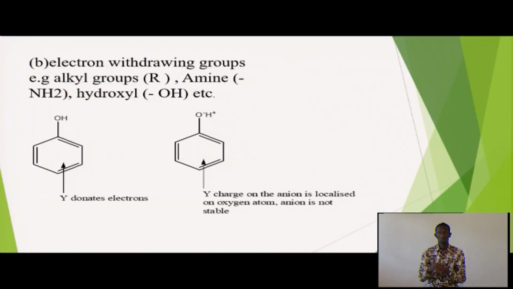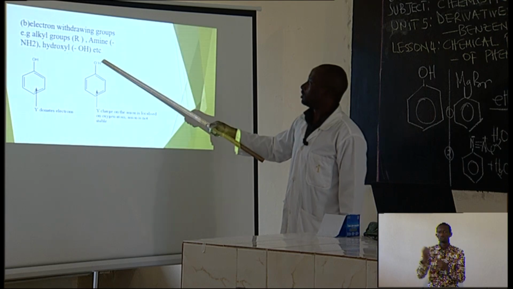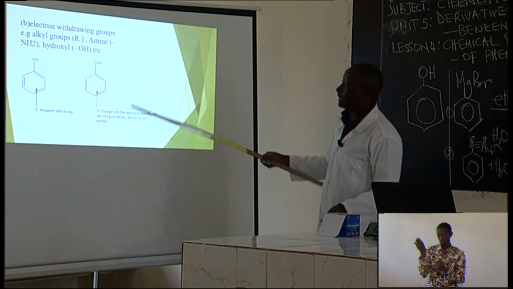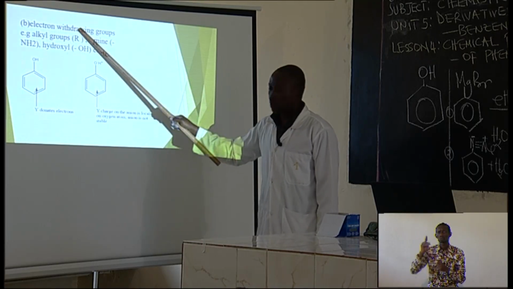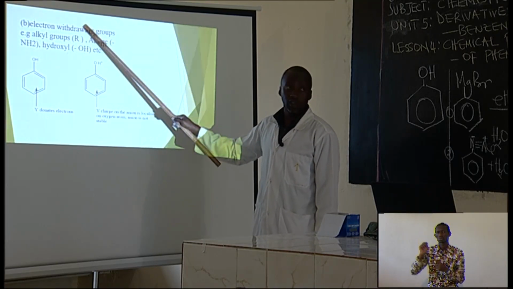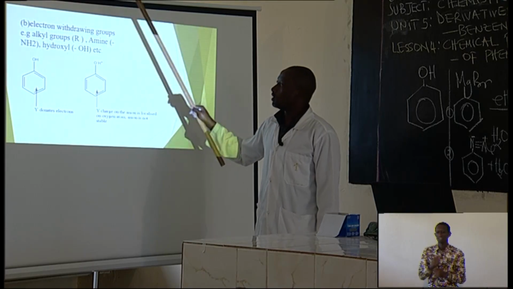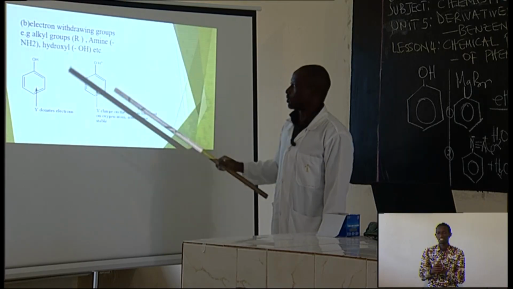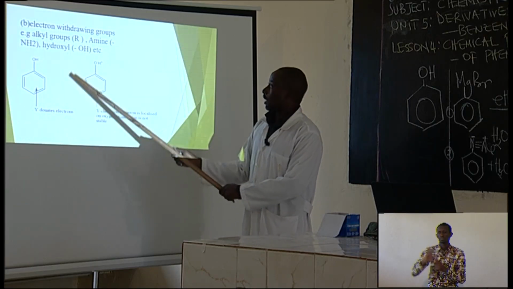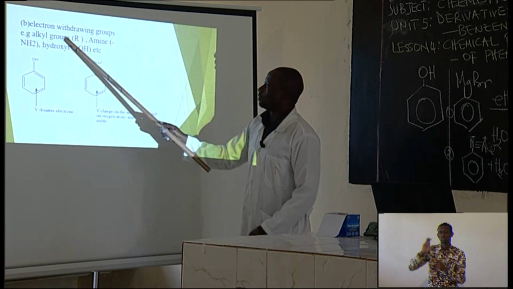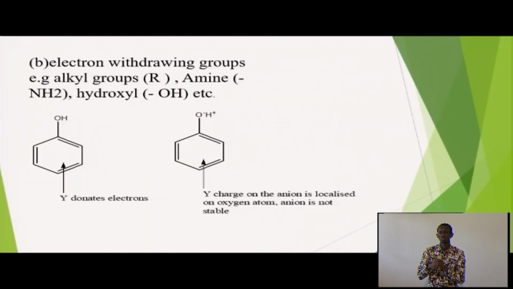Likewise, these are electron donating groups, not electron withdrawing. I beg your pardon, we have to change this one. This is an error. These are electron donating groups. Examples are the alkyl groups, the amine, the hydroxyl, and so on.